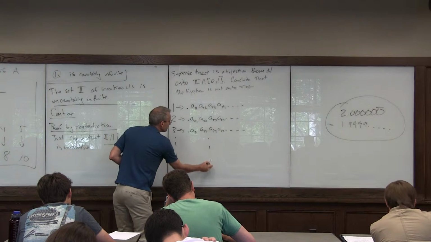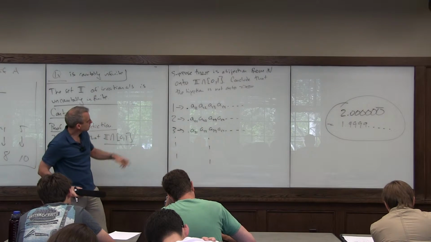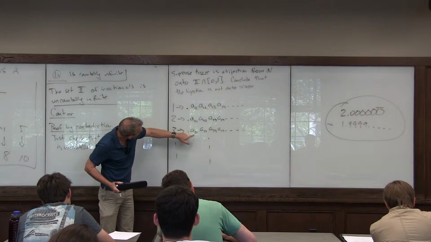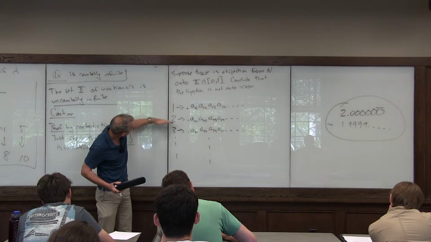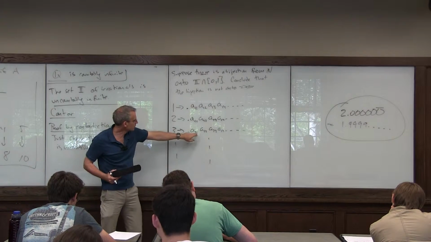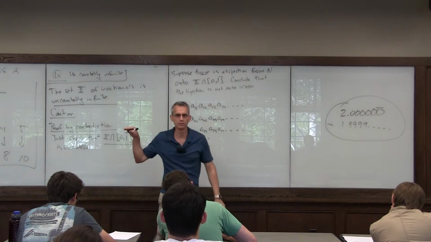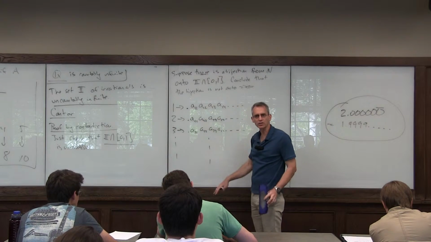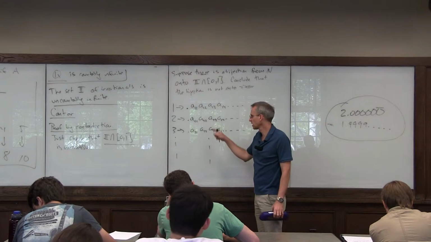And this continues. Again, does everybody understand what the subscripts are? The first entry in the subscript tells you that it's the image of that natural number, and the second one tells you where it is in the decimal. So I'm supposing now I have a bijection that looks like this.